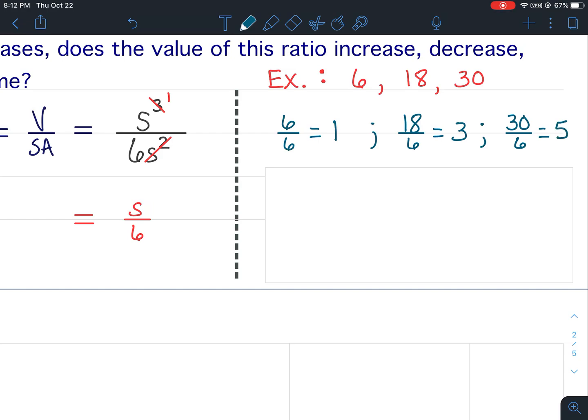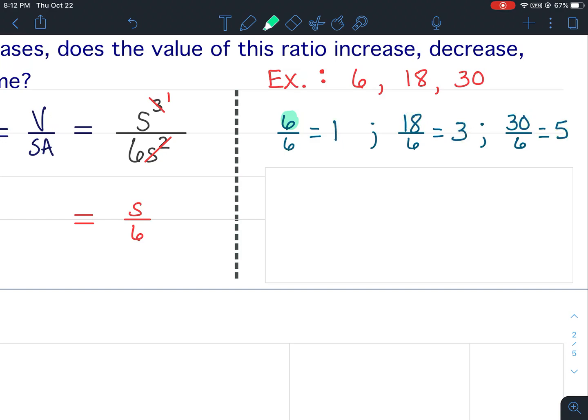So let's look at what happened here. As these numbers increased, what happened to the value of the fraction or the ratio? Well, to start with 6, I got a 1. But then when I increased it to 18, it did what? It increased to 3. As it increased to 30, it increased to 5.